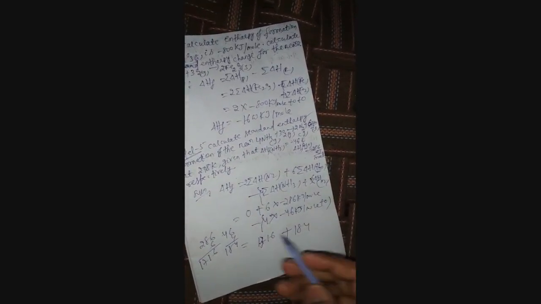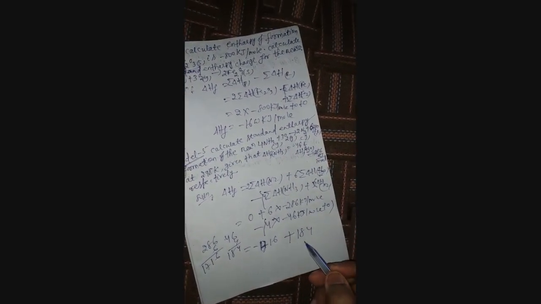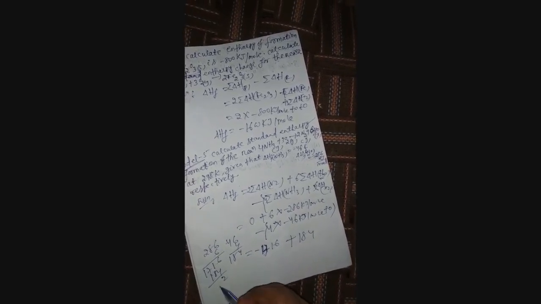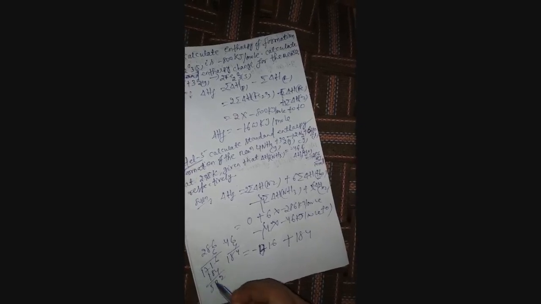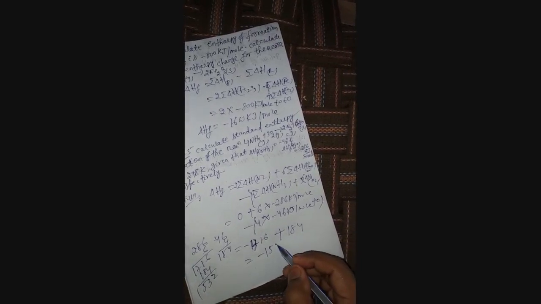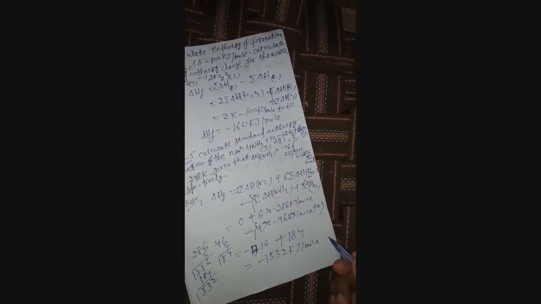Here the value is minus 1716 plus 184. Here we get 1532 kilojoule per mole. Is it clear to all of you?